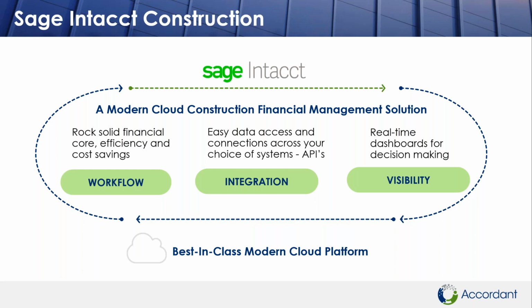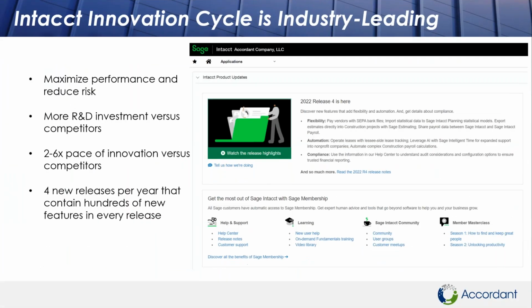And Intacct dashboards are interactive and real-time. Sage Intacct has 4 releases a year, and I'll share more about that when we jump into the software. The updates are rolled out to all users the 3rd Saturday of February, May, August, and November. Certainly an advantage to SaaS software over a client server application, perhaps like Sage 100, 300, or others.